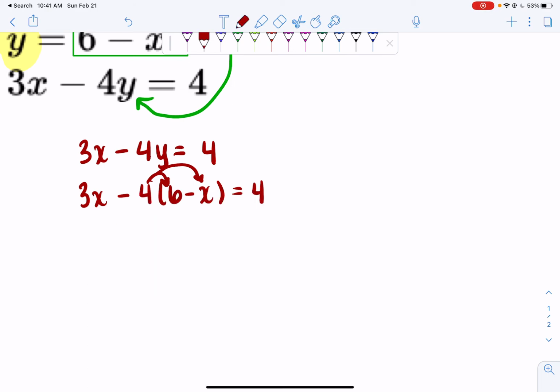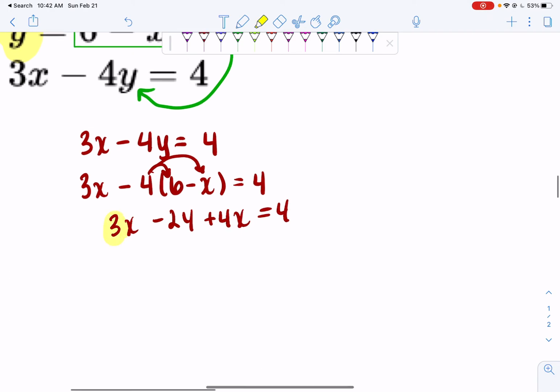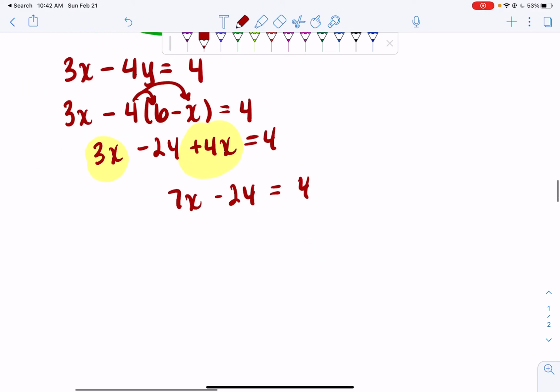Okay, so I get 3x minus 24. Negative 4 times negative x is positive 4x, and that's equal to 4. Combine your like terms. 3x plus 4x is 7x. Add 24 to both sides of your equation.